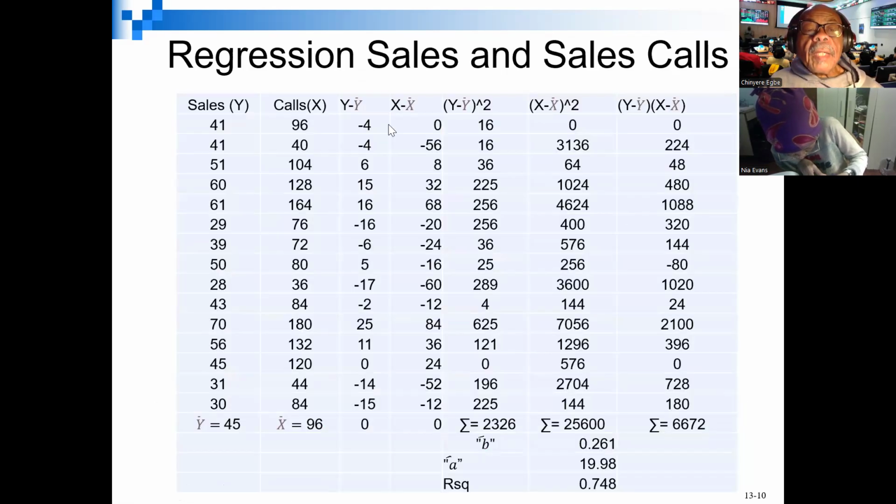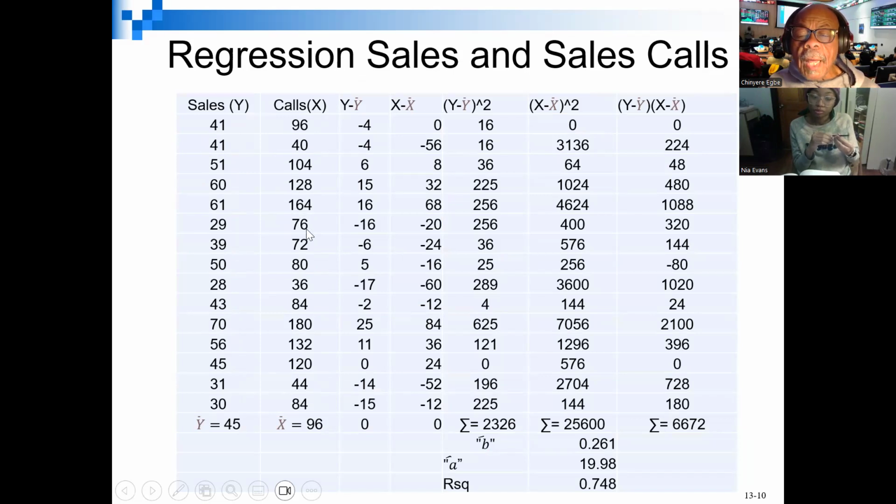And how do we do that? We have the number of sales, the number of copiers sold, and the number of calls made. In order to generate this estimate of the line, sales is Y, the dependent variable.